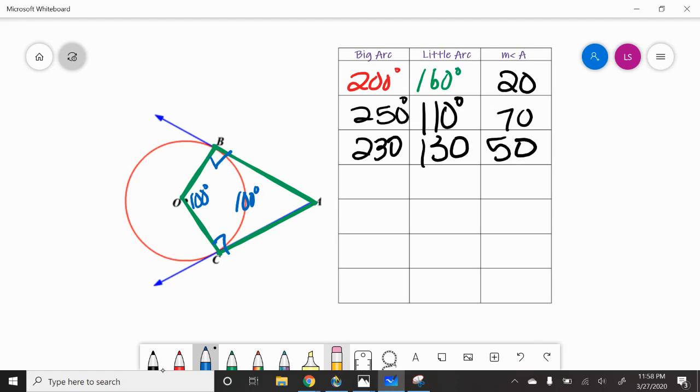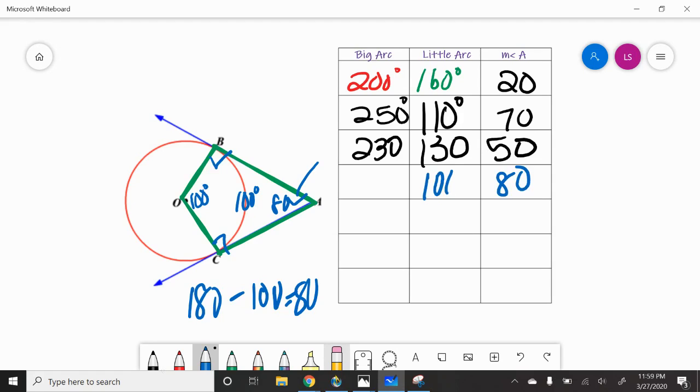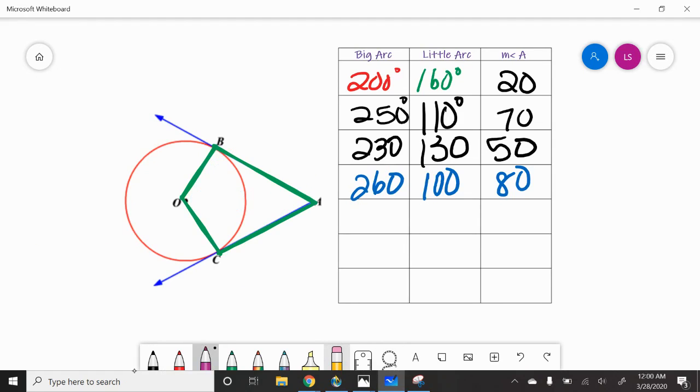Okay, so what's left for angle A? Well, I'm sure you guys already are doing this really quickly, and that's 80 degrees. So I have 80 here, I have 100 here, and 360 minus 100 is 260. Okay, I'm going to do one more. Let's say this minor arc was 132.